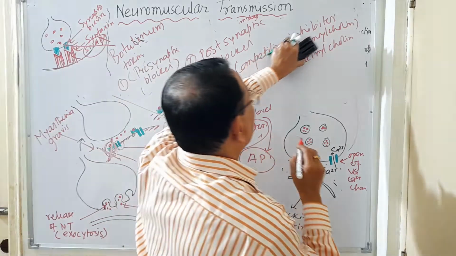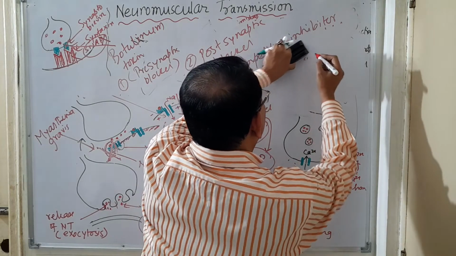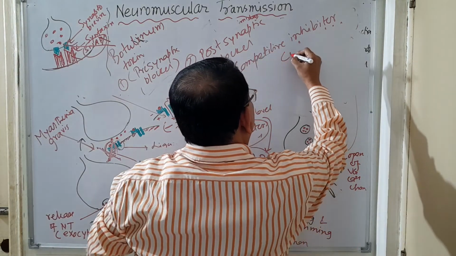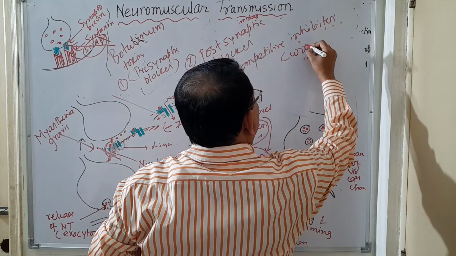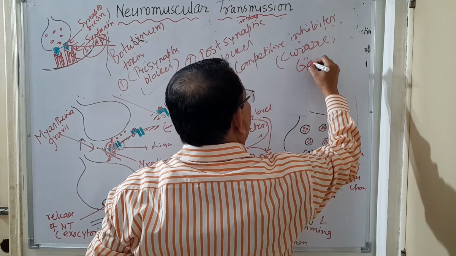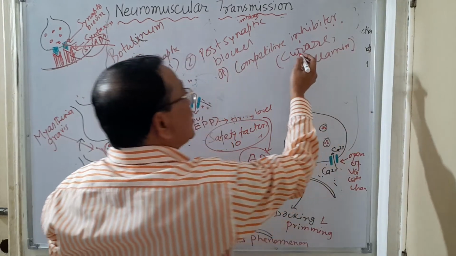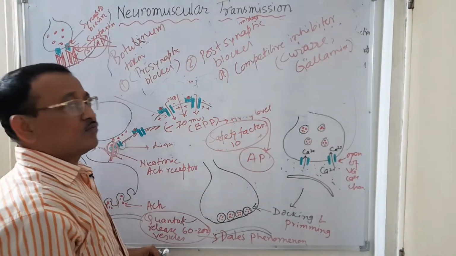Examples are curare and gallamine. So these are the two drugs which act as competitive inhibitors.